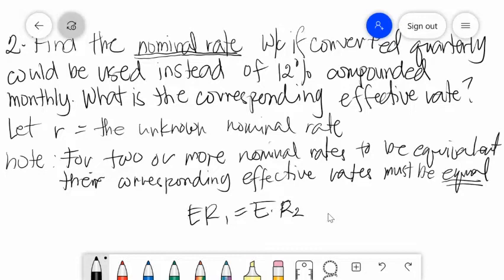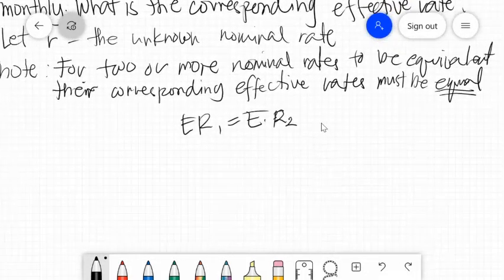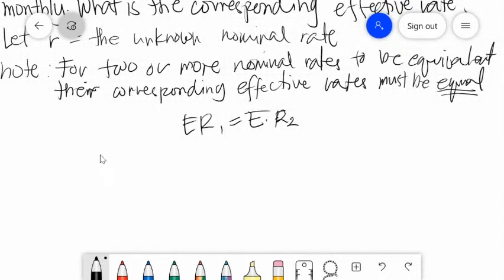So what is our formula in effective rate? So effective rate is equal to future minus 1. So it means effective rate 1. So F1 minus 1, it is equal to F2 minus 1.